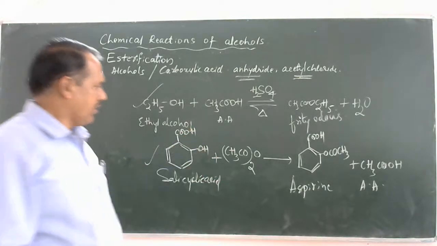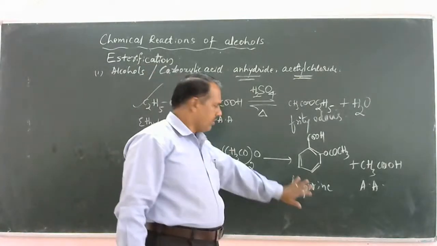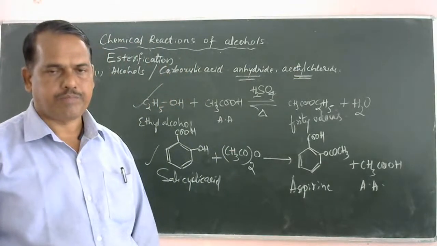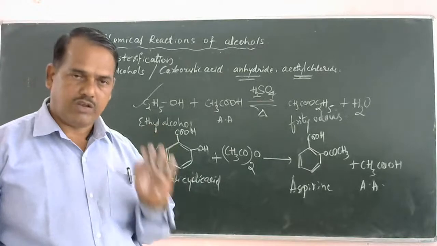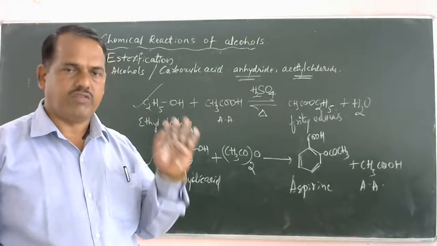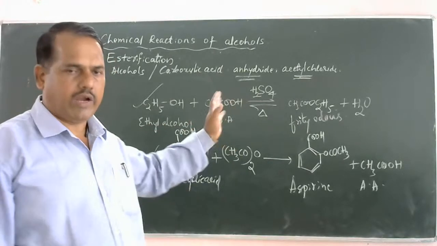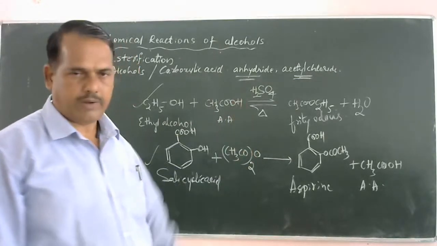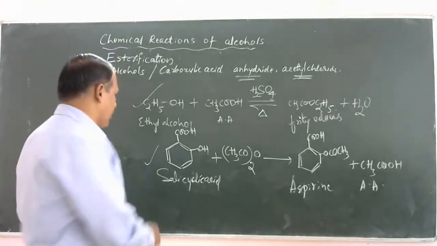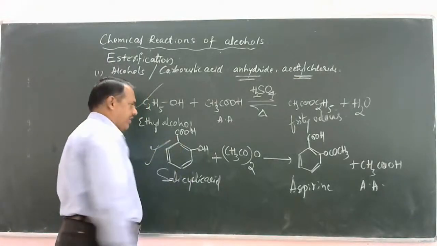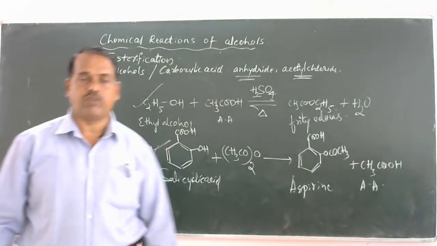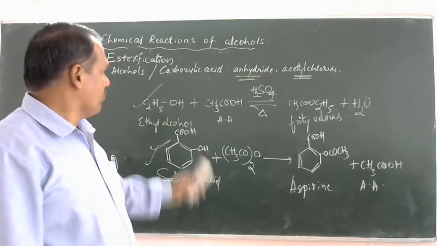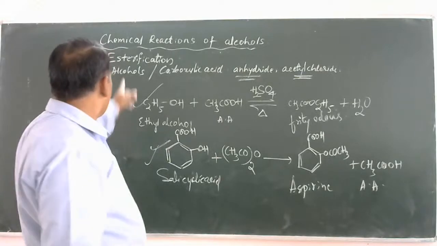It is used to prevent body pain and temperature. When salicylic acid reacts with acetic anhydride, we will get what? Aspirin. So this particular example is there in your textbook, so sometimes you can be asked in the annual examination. Are you clear? Okay. Then we shall continue our discussion.